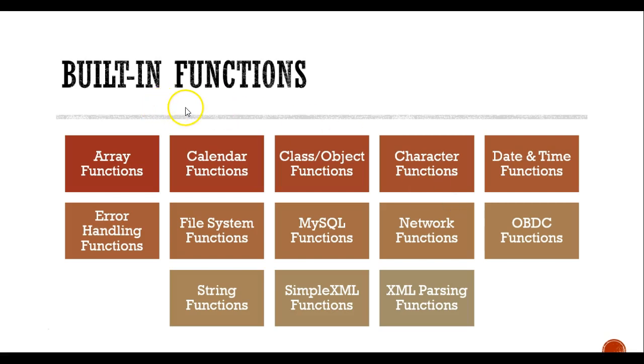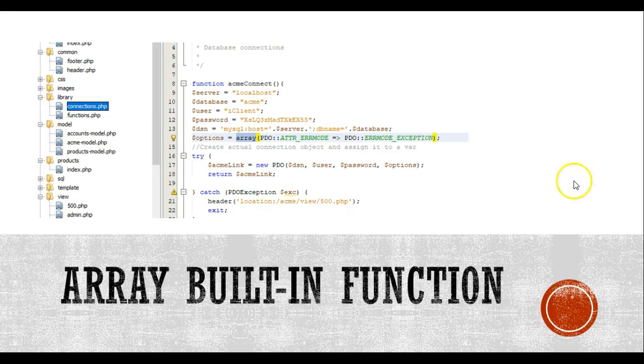Now for the built-in functions, these are the example of the functions that the PHP system has. In our class, we normally use array functions. And as an example, we used it in connections.php file. And if you'll notice here, there is no function keyword and there's no return because the system automatically does that.